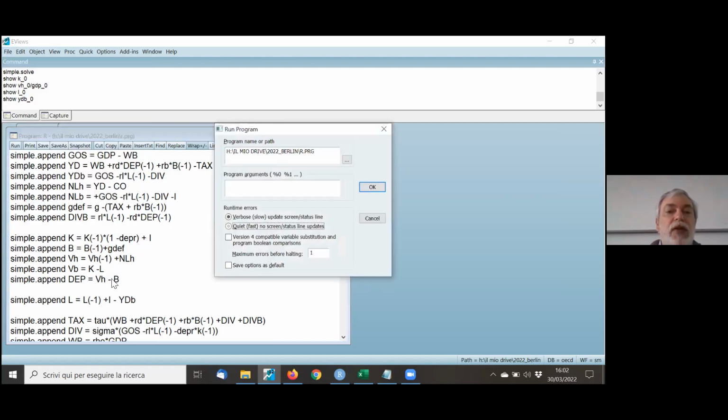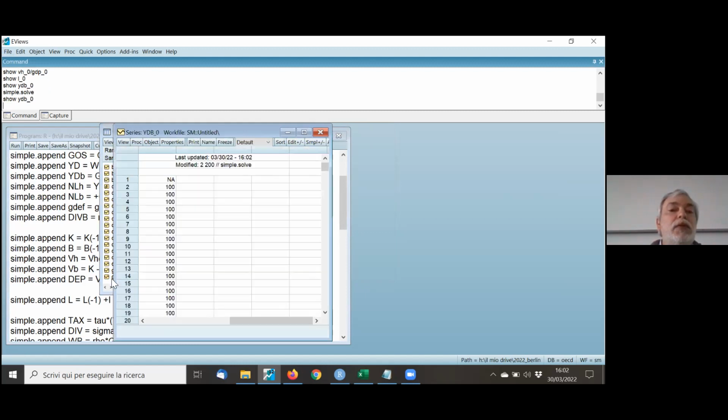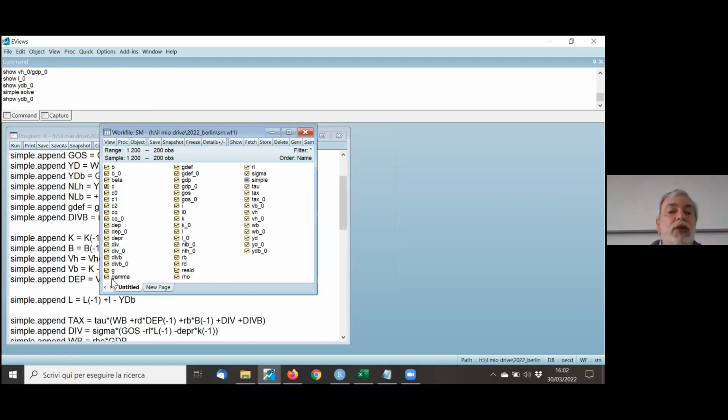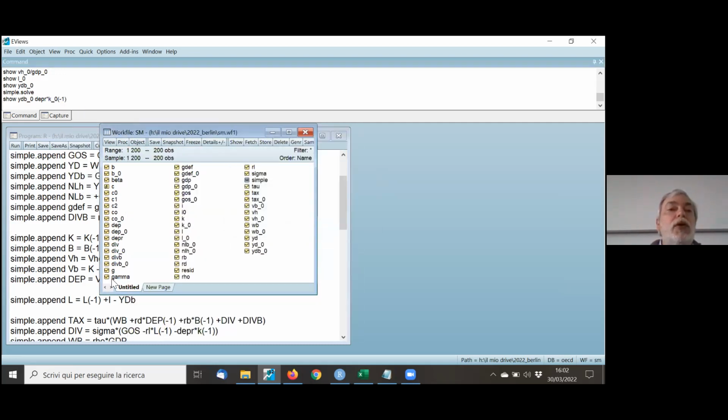So let's see if now this is okay. Okay, now this is depreciation, and this should be the same. So the stock of capital should be the same.